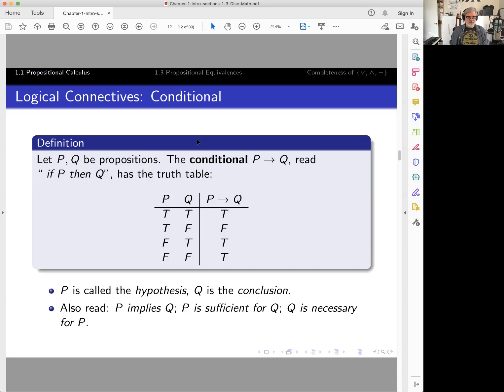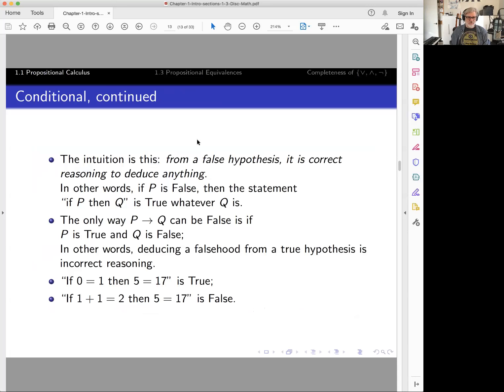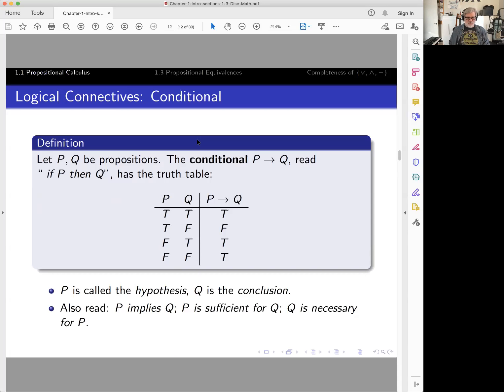Okay, so let's try to understand what the point of this conditional is. What's the intuition? There are a couple of ways of seeing this. The fundamental thing is that this is almost always true, and it's false only when P is true and Q is false.